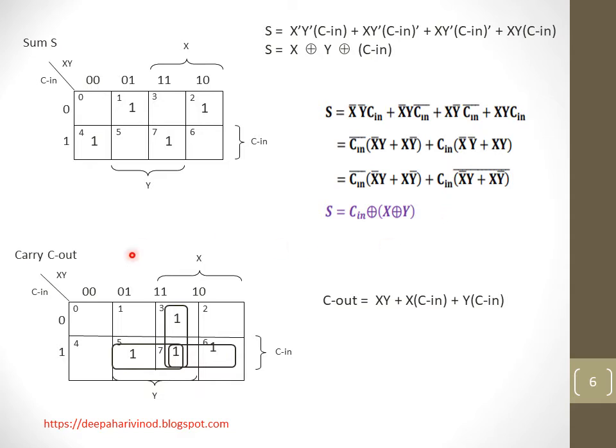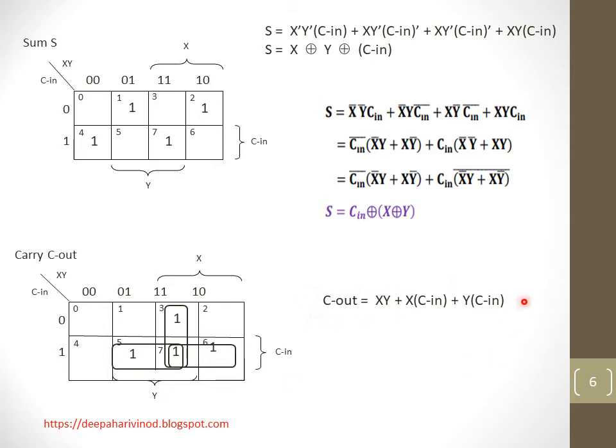In the same way, for Cout, if we put it in the K-map, I can group the two ones together. After grouping I get this as xy, this as x Cin, and this as y Cin.